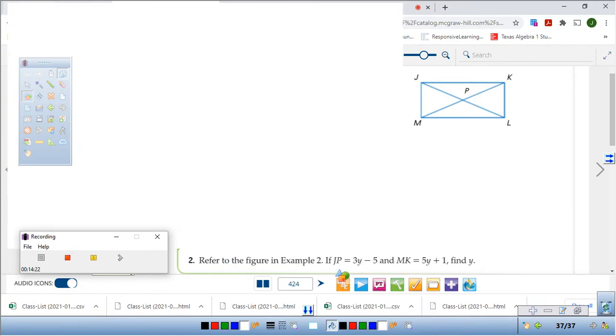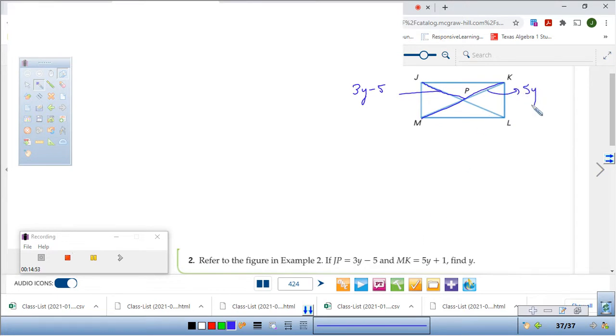Refer to the figure. We have JP going half of the diagonal, so from here to here, that is going to be 3y minus 5. MK, the whole distance from here to here, is going to be 5y plus 1.